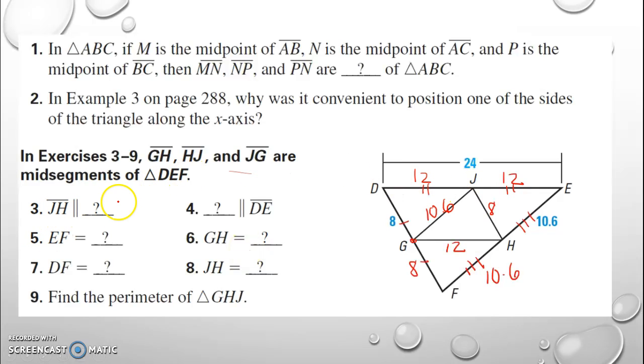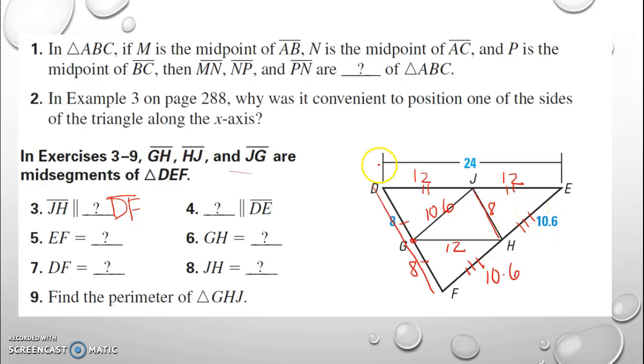So JH here would be parallel to side DF. This part is asking us what would be parallel to side DE.